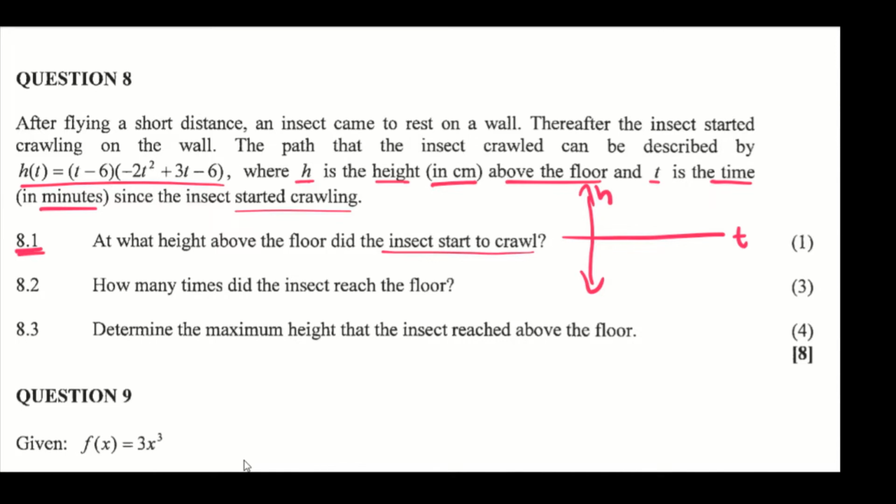It started crawling at a certain height, but you don't know that height. We know that t is equal to 0 at that specific height. If you look at this equation, it is actually cubic, so it can be in a cubic form like this.